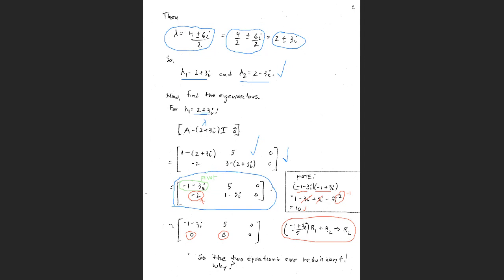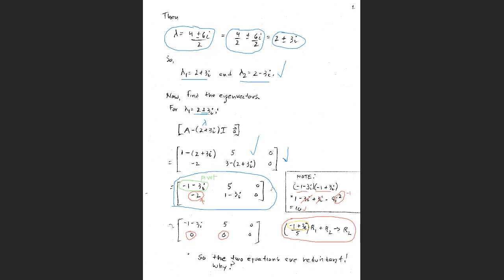So the reason is, if I multiply -1 minus 3i times -1 plus 3i, that gets me positive 10. But I don't want positive 10. I want to add a positive 2, because 2 and -2 make 0.